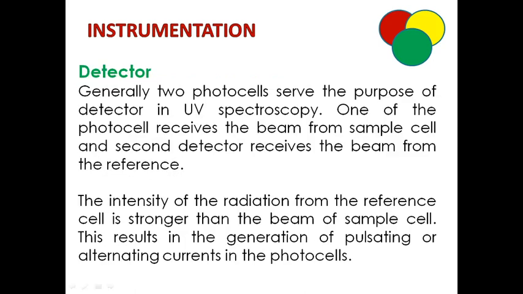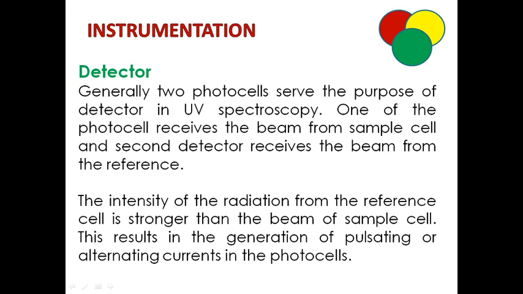The next part in the UV spectrophotometer is the detector. When the beam passes through the sample cell as well as the reference cell, some absorption will take place. After the absorption the beam is transmitted.